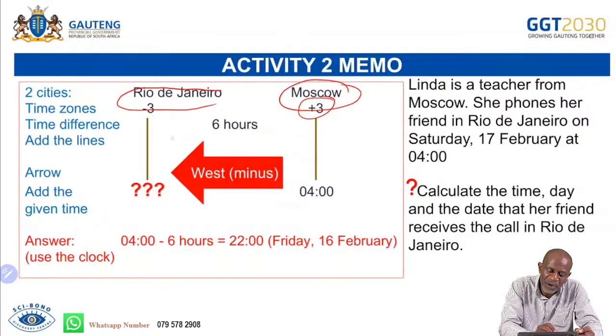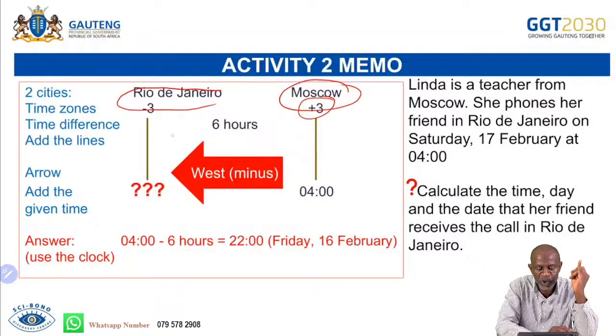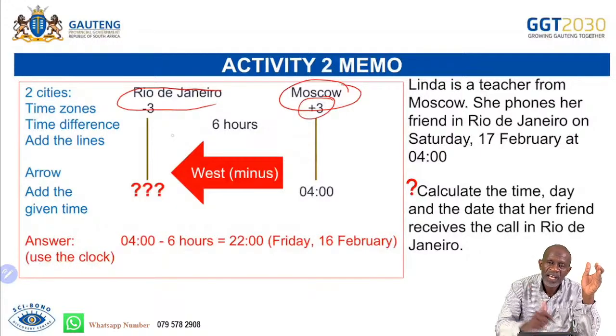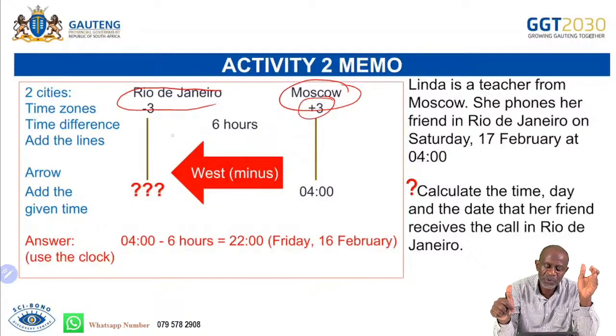Remember, we are counting from -3, and then we first count the -2, the -1, the 0, which is our universal time coordinate, and you'll get to the +1, the +2, and the +3, and you shall have counted 6 times.